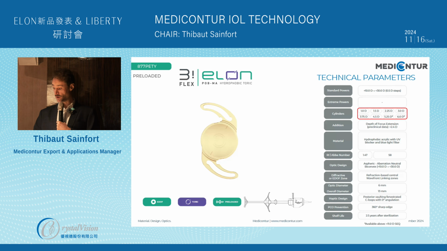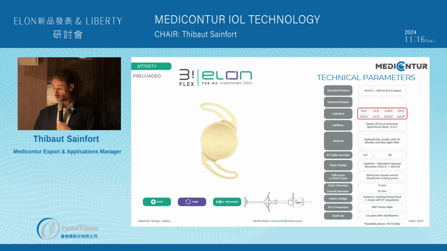There are many lenses on the market, like monofocal plus, that are available, but if you are used to the VVT, for example, where the ELON stands out is our hydrophobic material, which is glistening free. The Abbe number is also the highest on the market, so you have less chromatic aberration.